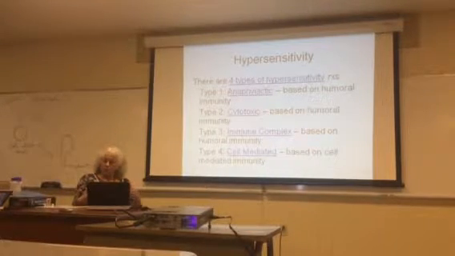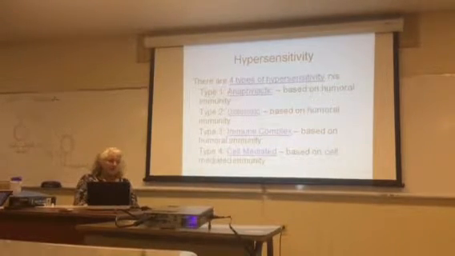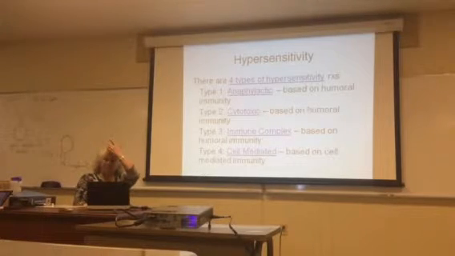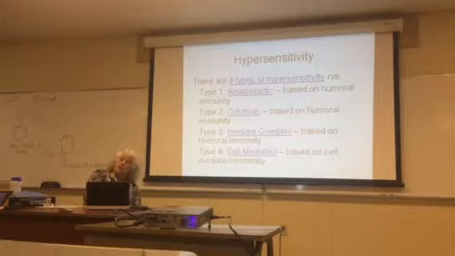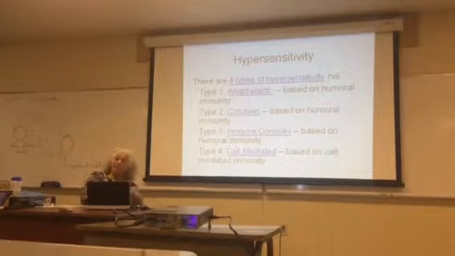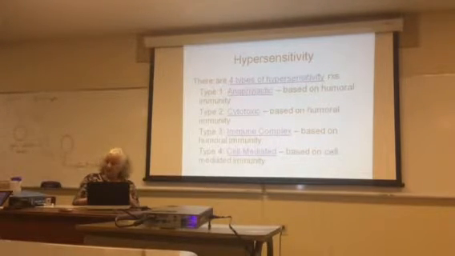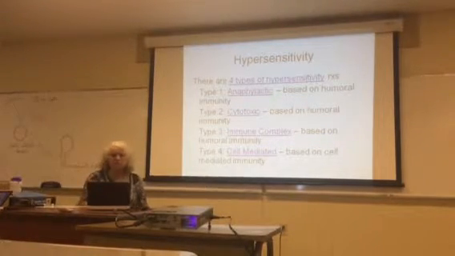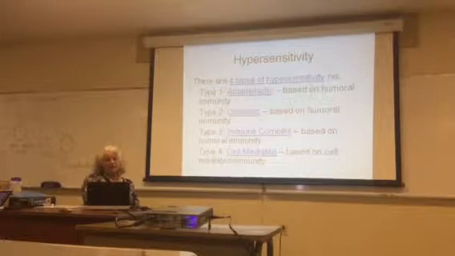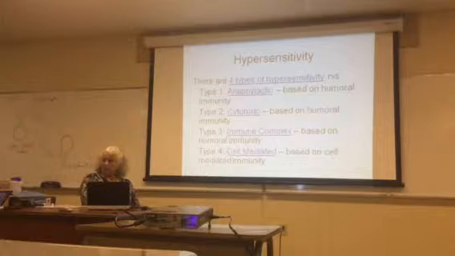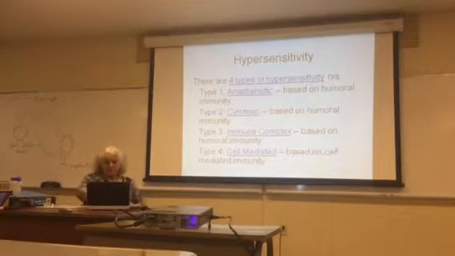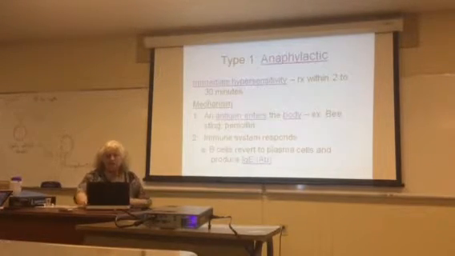Then it produces plasma cells that produce the antibody. It isn't the B cell that makes the antibody. The B cell makes a plasma cell, and the plasma cell makes the antibody, and then the antibody goes into your circulation. The last one is cell-mediated. When we say cell-mediated, what cell are we talking about? The T cell.